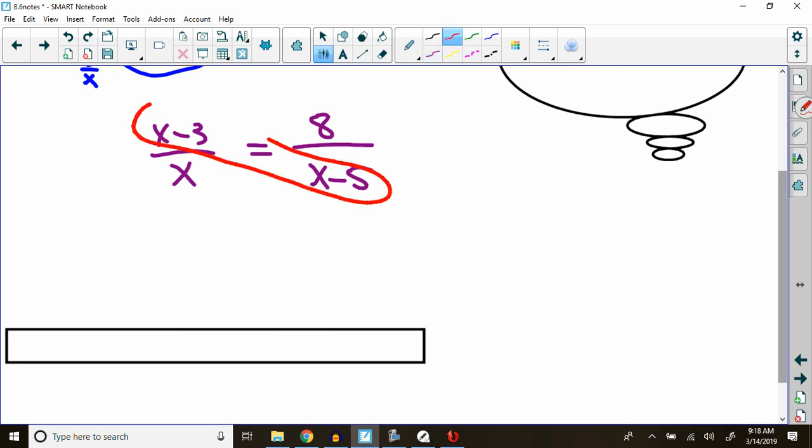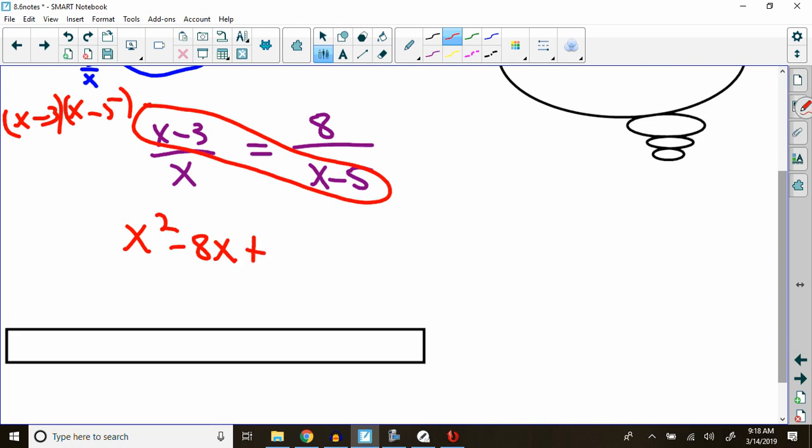X minus 3 times x minus 5. That's going to be what? X squared minus 8x plus 15. And that's going to be equal to the other cross product, 8x.